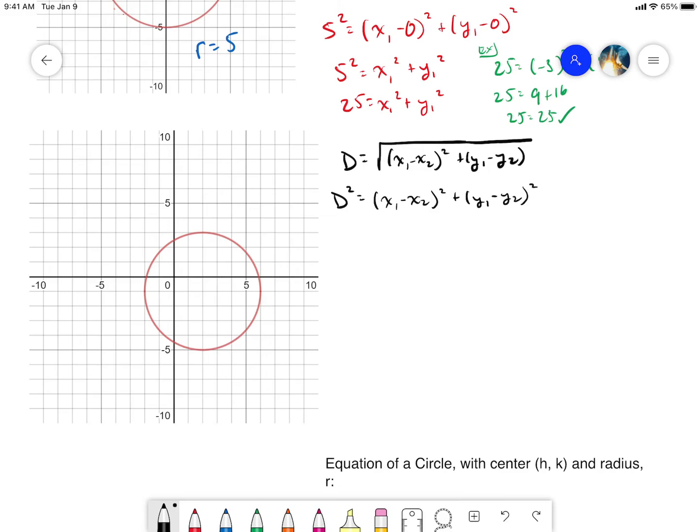I want to think about how to write the equation for this circle. So the first thing I'm going to want to find is maybe where that center is.